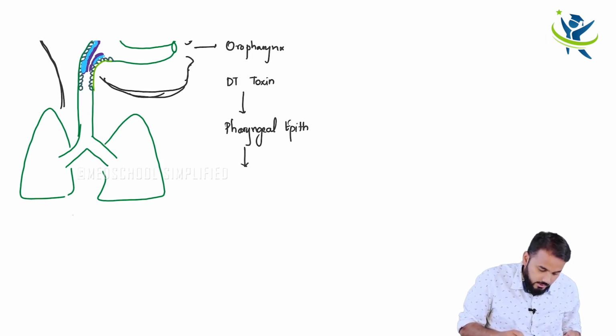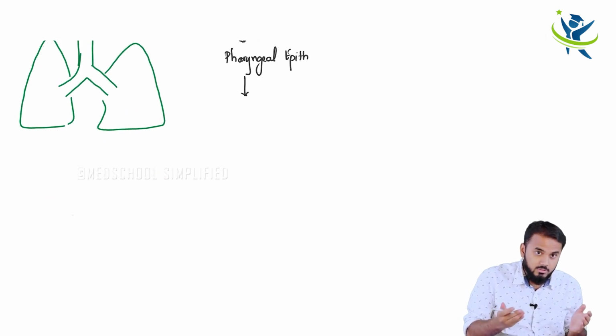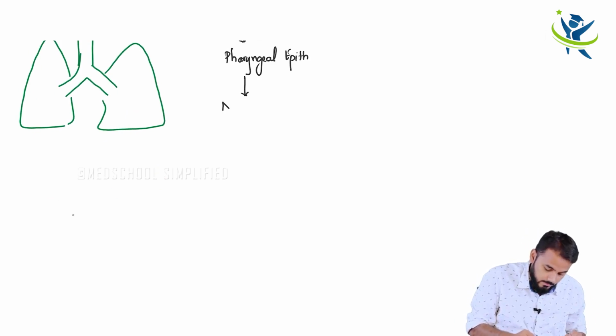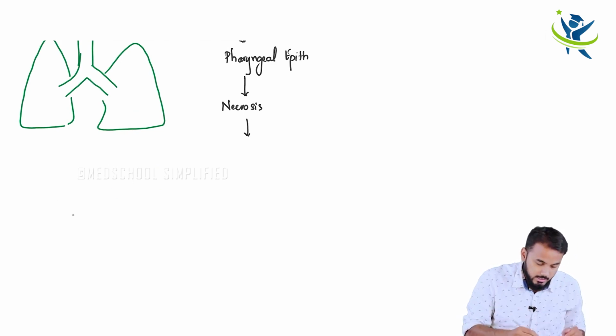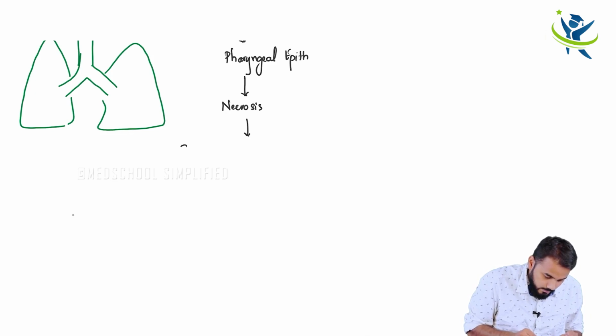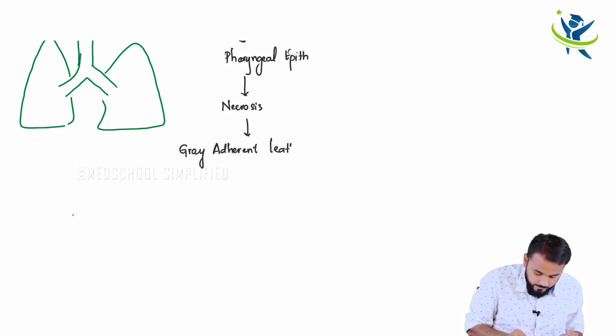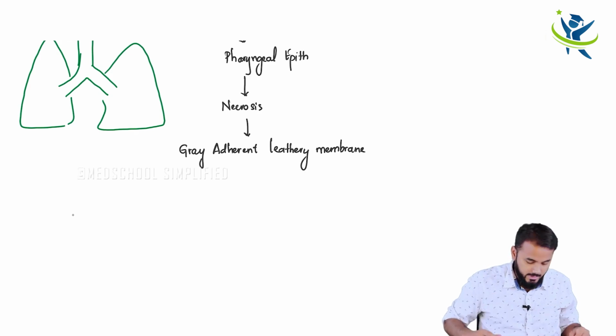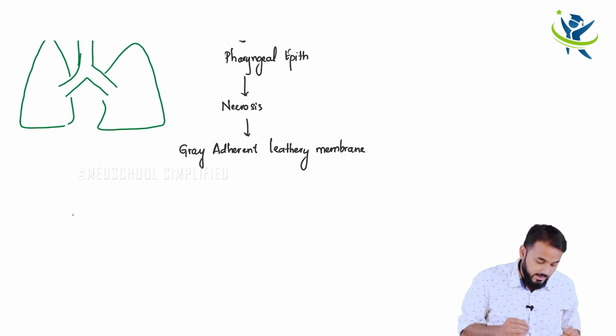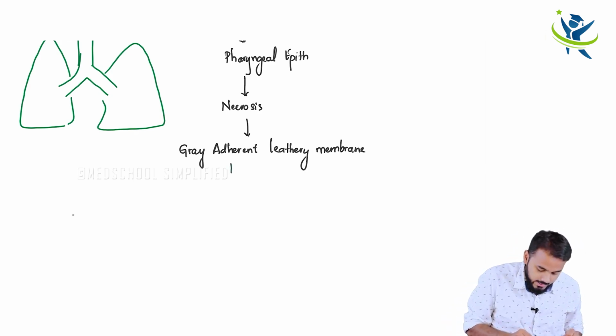After that, this DT toxin caused necrosis of the pharyngeal epithelium, and after some time this necrosis turned to a grey adherent leathery membrane. I mean, this is how the scientists described it. It has a grey adherent leathery membrane, and this grey adherent leathery membrane, they described it as pseudomembrane.